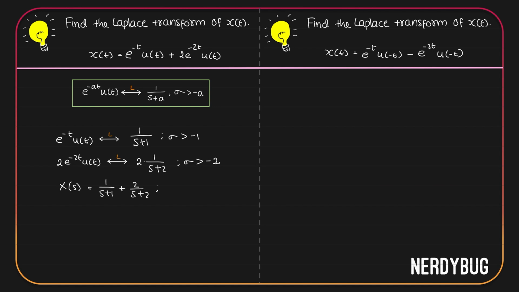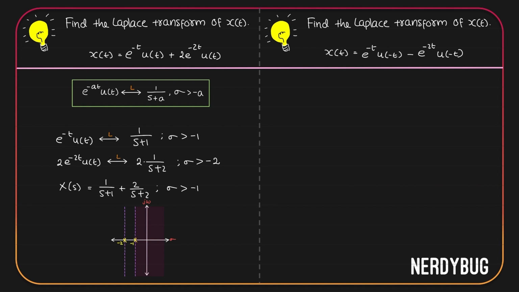So for X(s), the region of convergence is sigma greater than -1. Let us plot this on an s-plane. X(s) has two poles, one at -2 and one at -1, and the ROC is towards the right of the rightmost pole, which is -1. And that was our first property. For a right-sided signal, the ROC is towards the right of the rightmost pole.